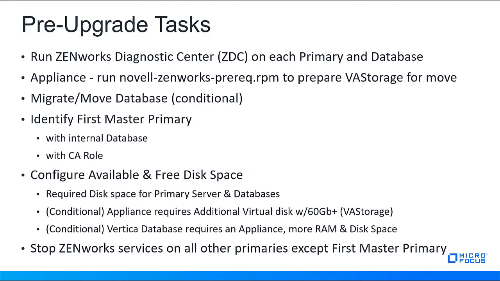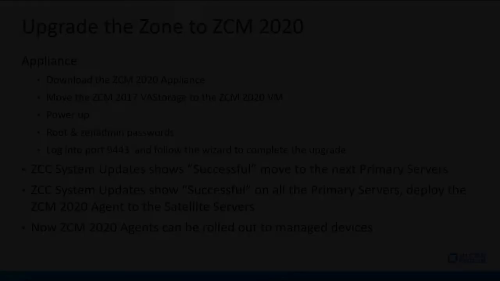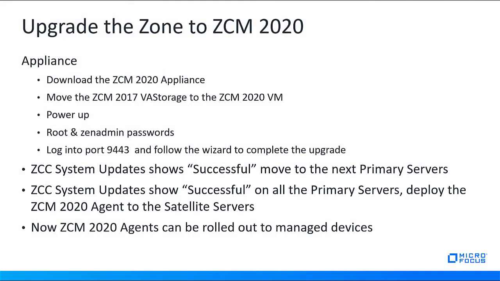And then stop all the services on all other primaries except the first master primary. Upgrade the zone to ZCM 2020 is the next step. On the appliance, you'll download the ZCM 2020 appliance, do the MD5 checksum, and put it in your VM system.